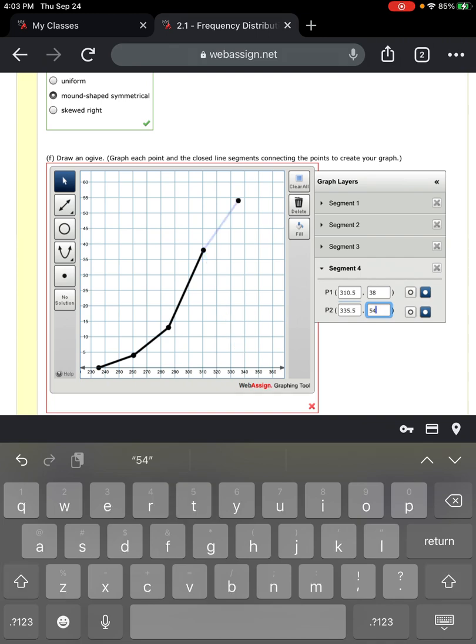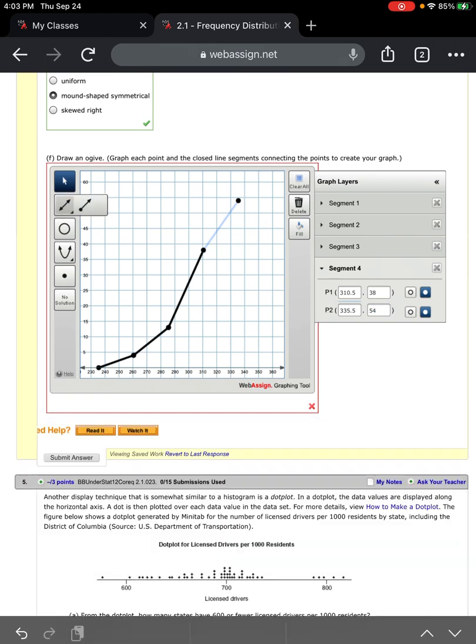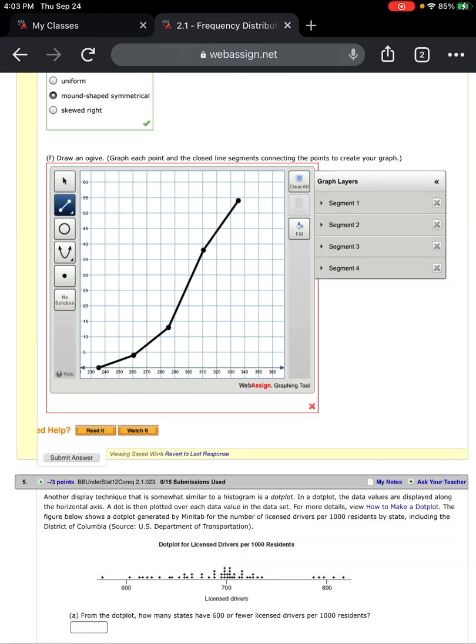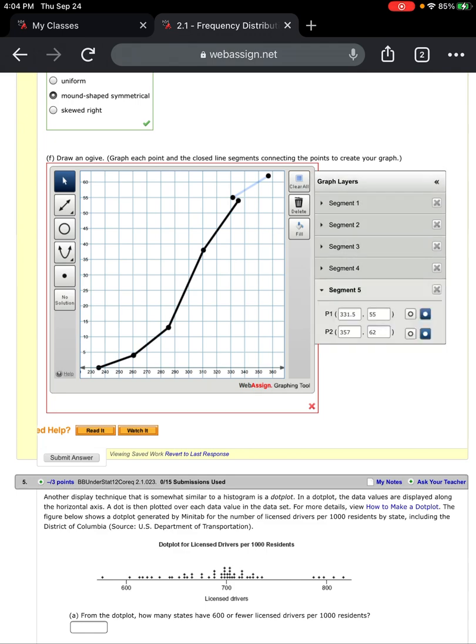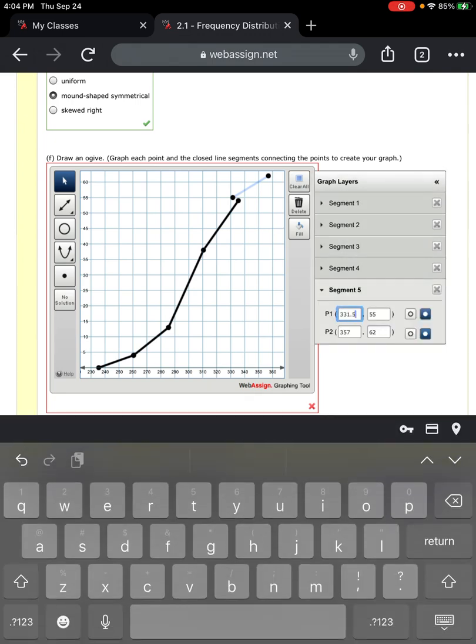And then finally, the fifth segment matches the fifth row of your table. The upper class boundary in the fifth row is 360.5. Again, we're just start and stop. Just get you a segment in there and you can fine tune it over here to the right. All right, so this one is 335.5 and 54.